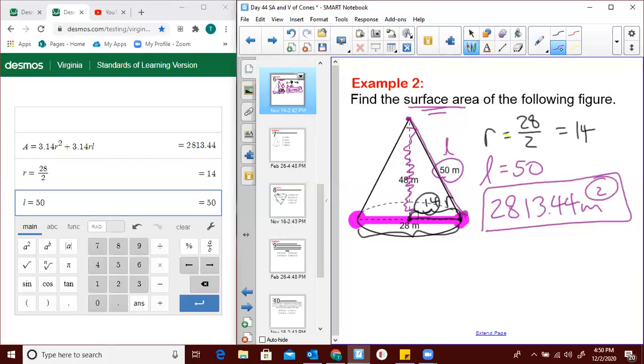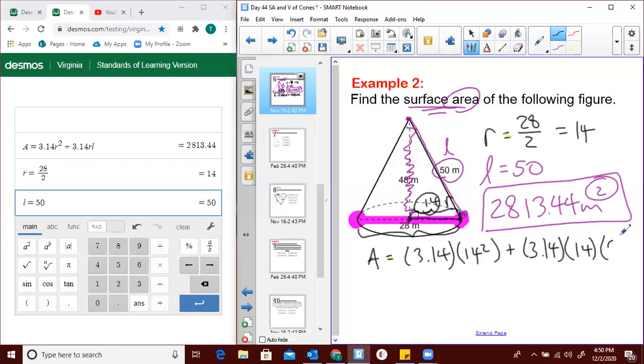because it's an area. Now, if you wanted to do this the long way, we would have area equals, remember our pi is 3.14. We know that our radius is going to be 14. We're going to square that. And then we're going to add 3.14 times our radius, which is 14, times our slant, which is 50.